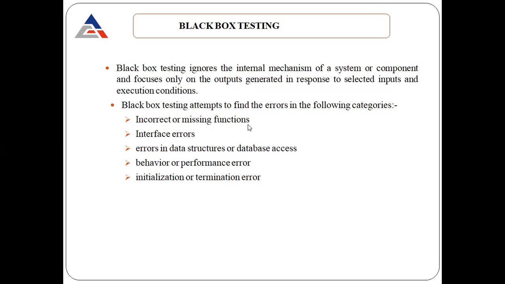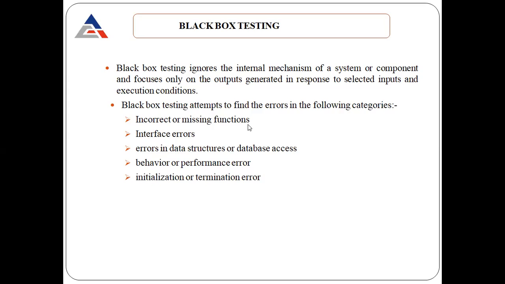Fourth, behavior or performance error. Either I am getting an incorrect output, or it takes a lot of time to get the output. If it takes a lot of time to get the output, it means some mistake was made in the application development. Or if you're getting a wrong output, again there is some mistake in the performance of the application.